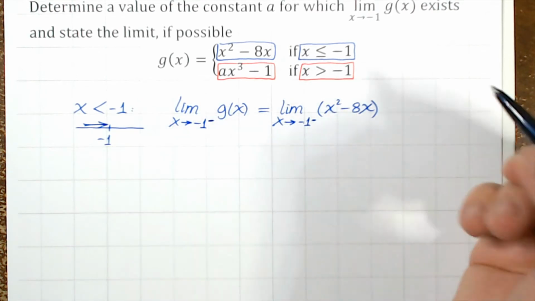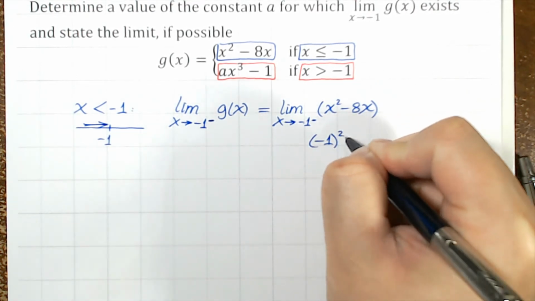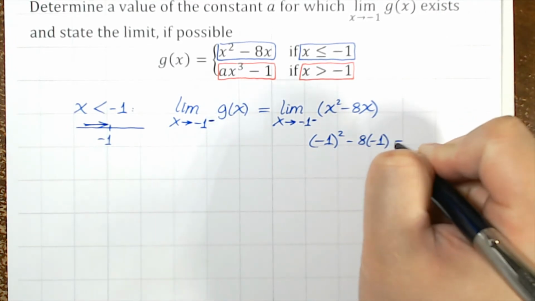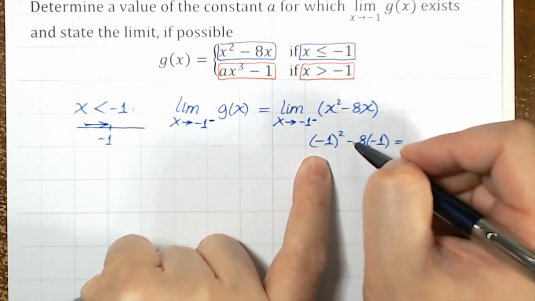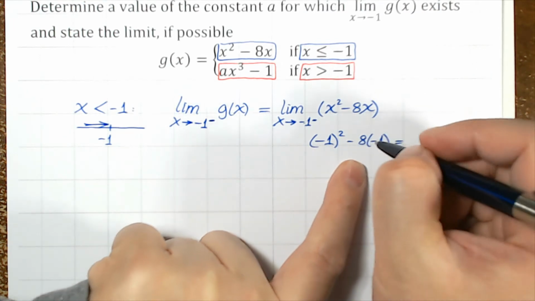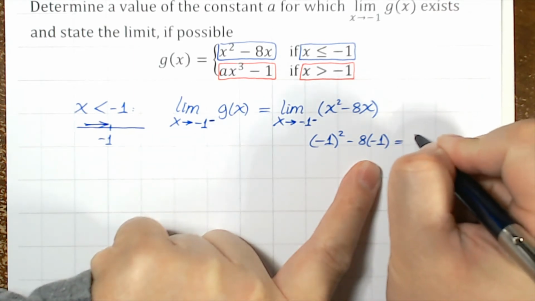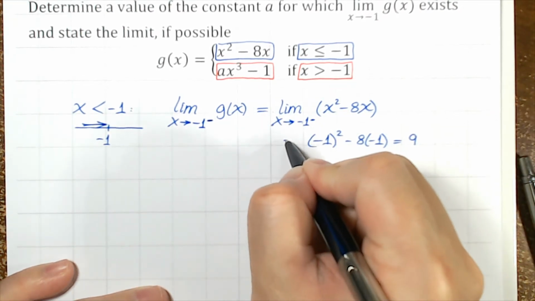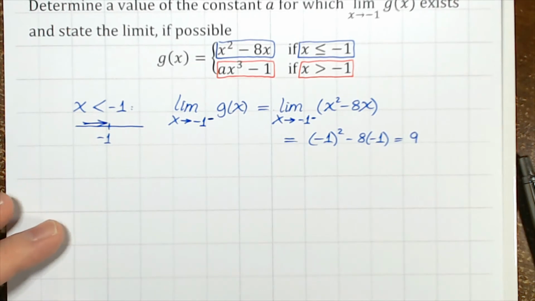So put -1 in here, and then minus 8 times -1. So that is 1 minus negative 1. So that's going to be equal to 9. And since that is a defined number, we say the limit equals that number. Right, that is when x is less than -1.